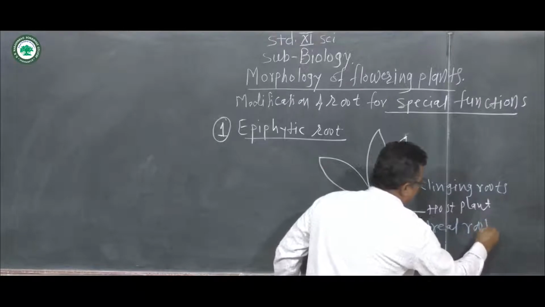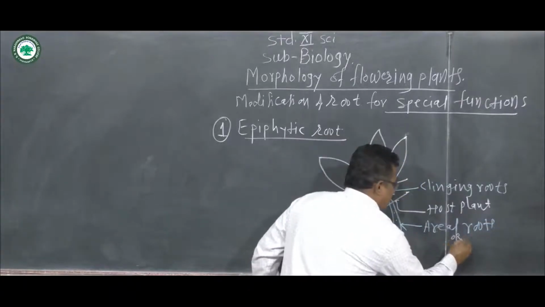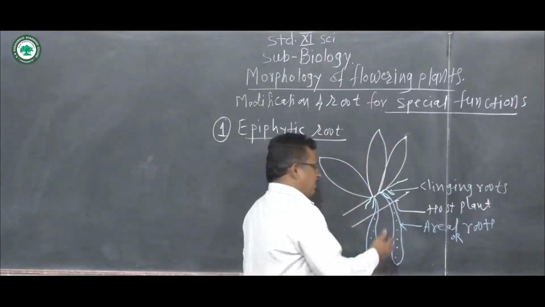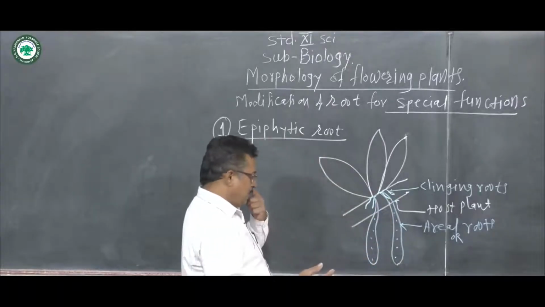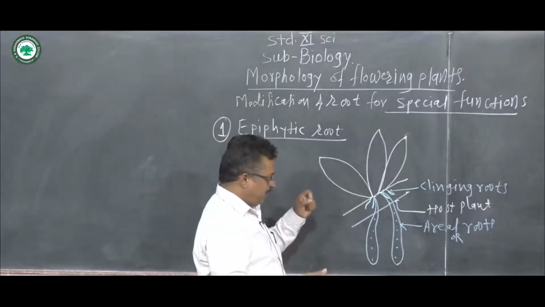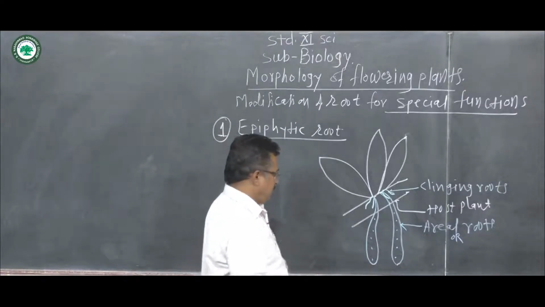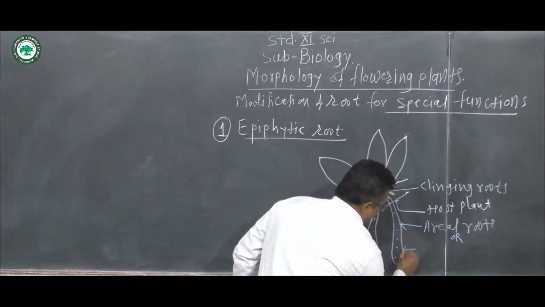The plant grows on branches of other plants, and they develop roots which are found in hanging position. Hence, these roots are called the epiphytic roots.